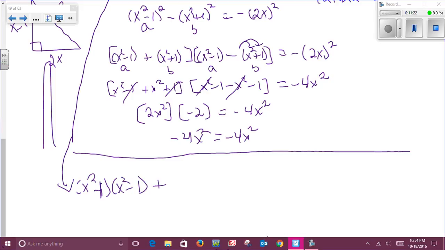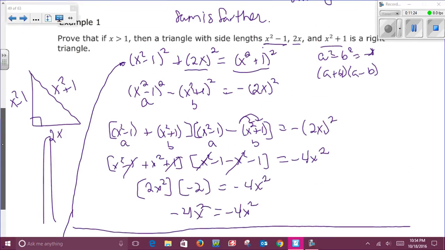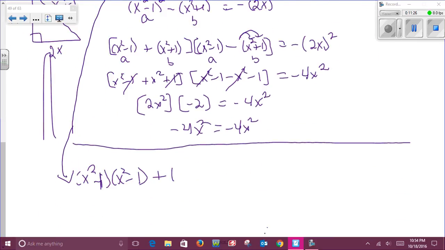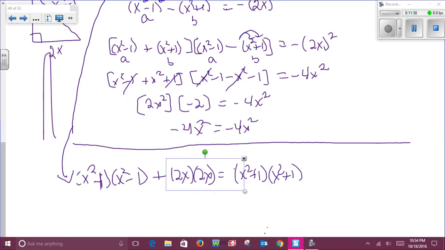And then plus 2x squared. So it's really 2x times 2x.